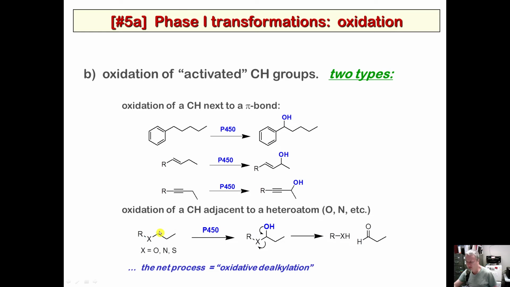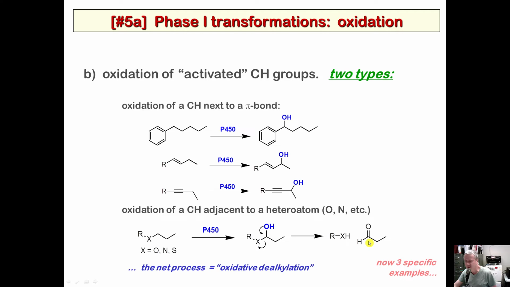The first step is the oxidation, catalyzed by P450. And then the oxygen swings down, breaks off that thing, and we have a net dealkylation. We've lost the propyl group. The propyl group in this case ends up as like propylaldehyde, and that probably gets oxidized to like propionic acid to get excreted, because aldehydes are not very stable in our body or also just in general.